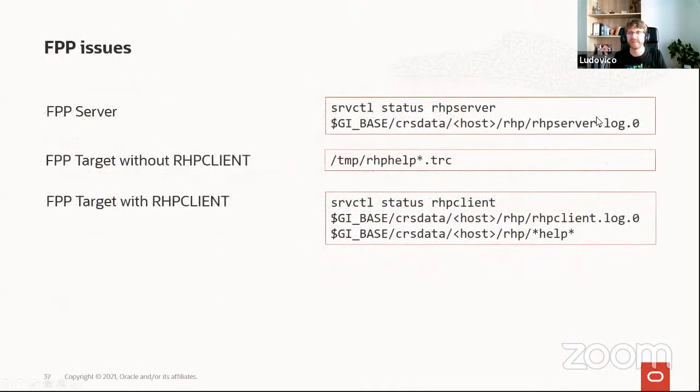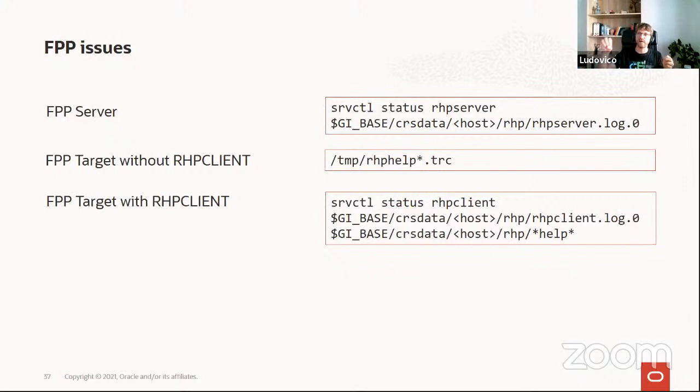But then if you have a problem with the server, we have a server log that is quite big. As I explained before, all the operations are done by copying the RHP helper and running the unit of work on the targets.